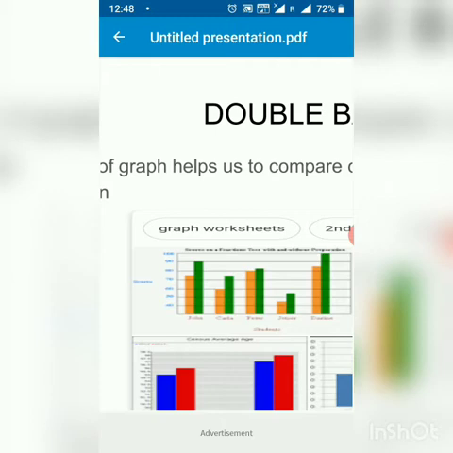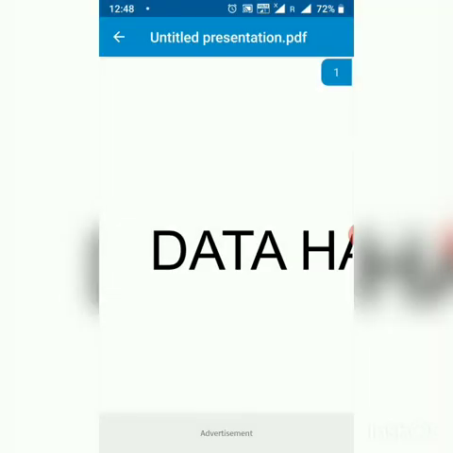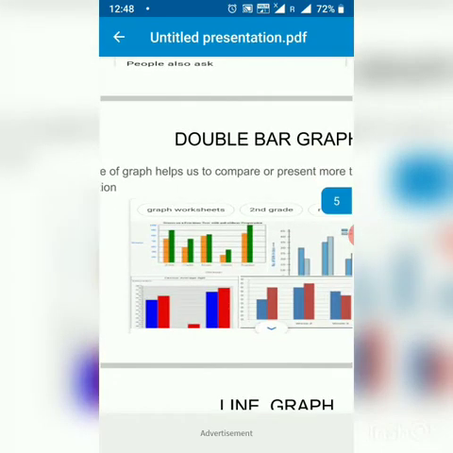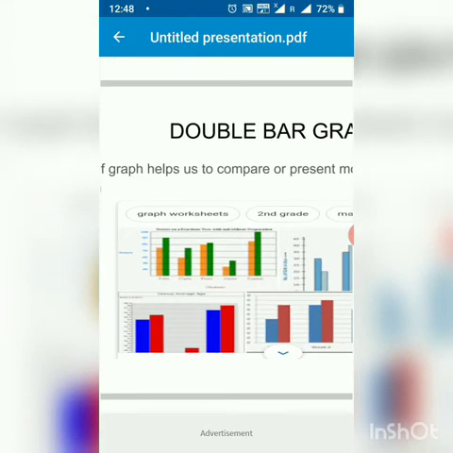If you are asked to write the marks you got in math and science both, then how can you represent that in the double bar graph? Like this, one column you will take for math, one column for science.